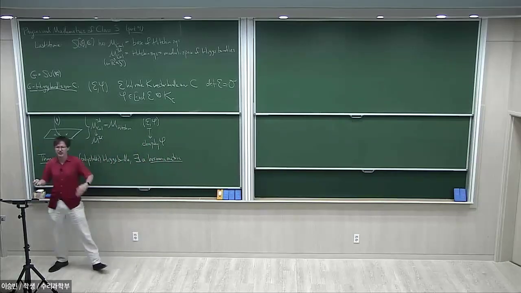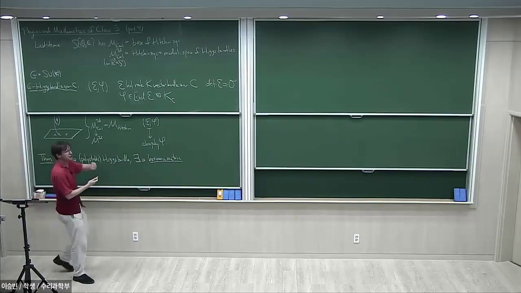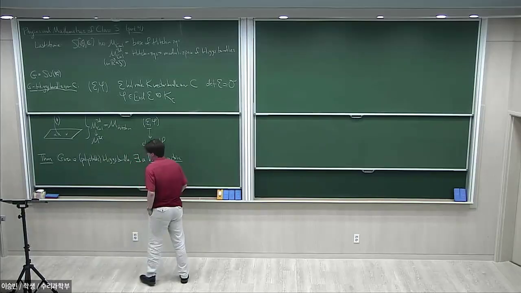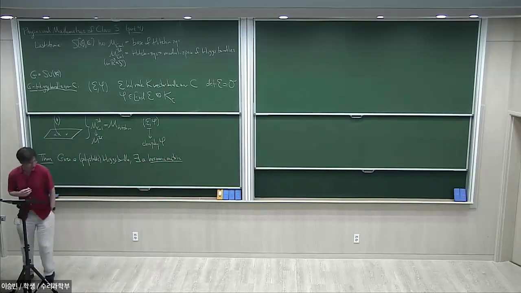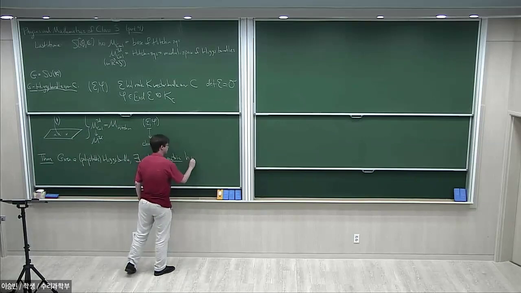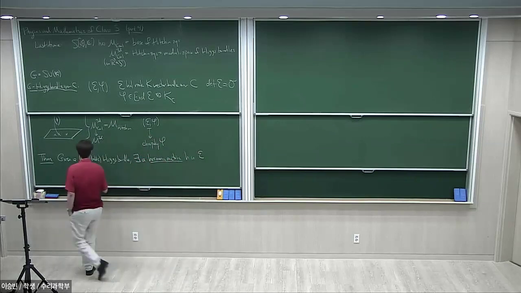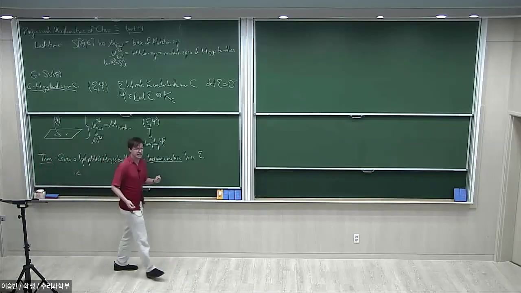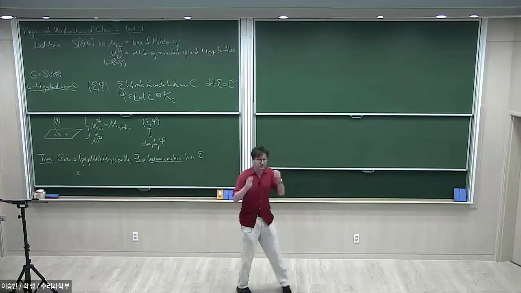What I mean by a metric is just a Hermitian metric in every fiber of the bundle. So there's a harmonic metric. What does it mean to be a harmonic metric? So okay, metric H in E. Being harmonic means that it satisfies some partial differential equation.